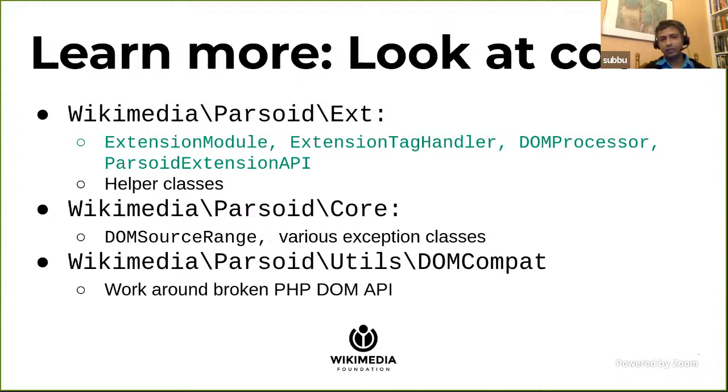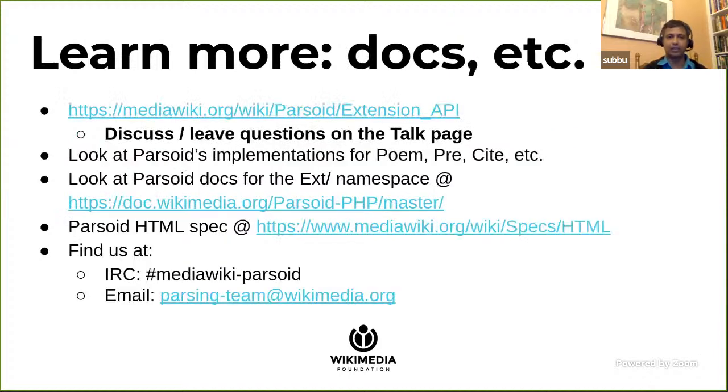So please look at the code in the Parsoid repository and look at the extension interfaces. This is all on the wiki. There's a wiki page, Parsoid/ExtensionAPI. Please discuss or leave questions on the talk page, because if you have any questions or discussion, it's probably going to be broadly helpful for others.